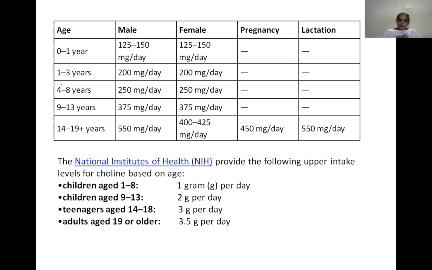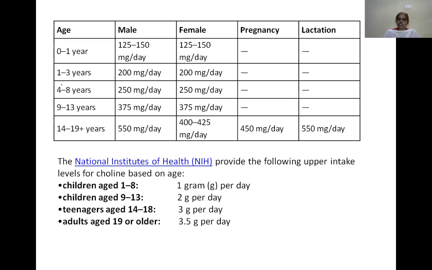So this is how choline is required at different ages, in milligrams per day. But as per the NIH, the National Institutes of Health, choline is required based on age in grams per day. Check it here. Age between 1 to 8 years, 1 gram per day. Children between 9 to 13 years, 2 grams per day.